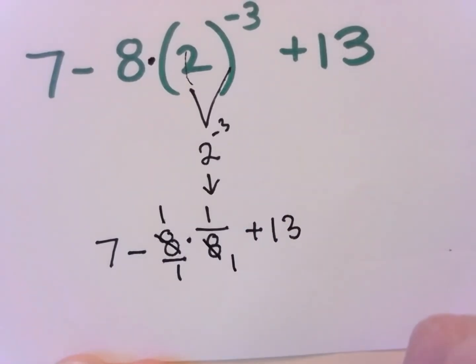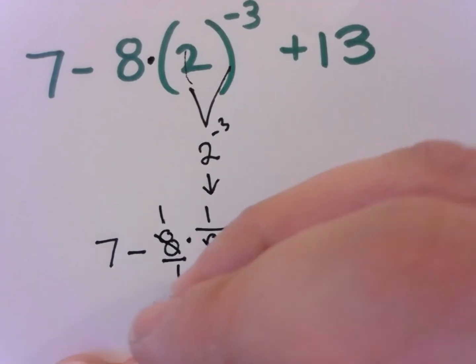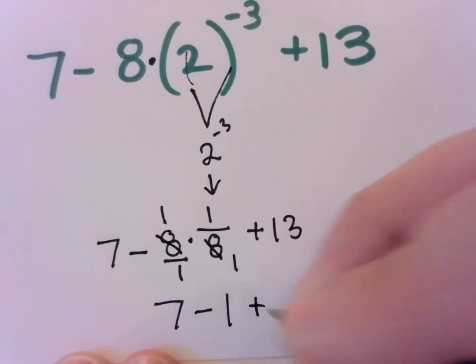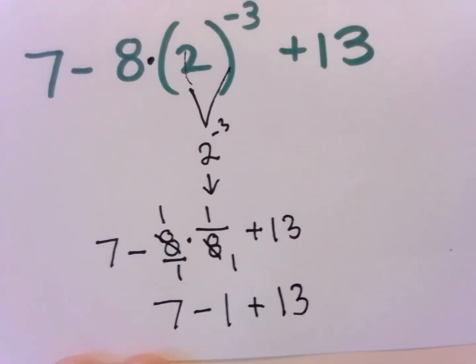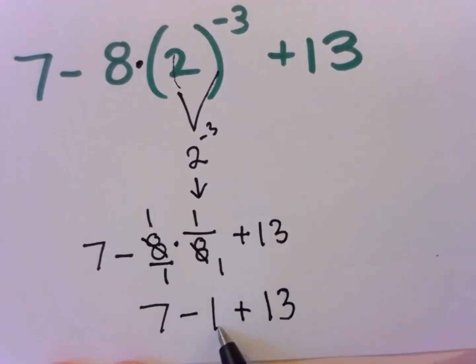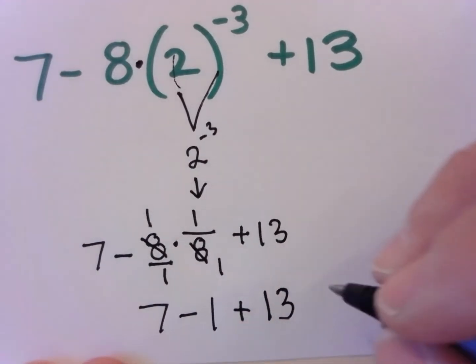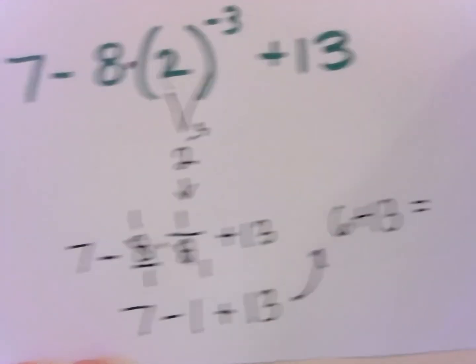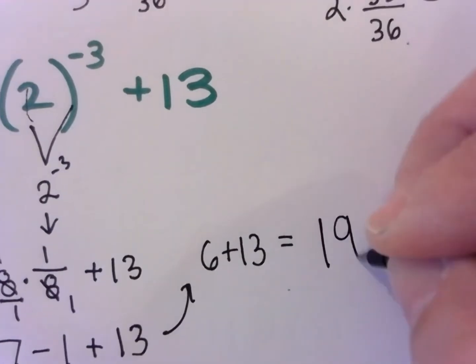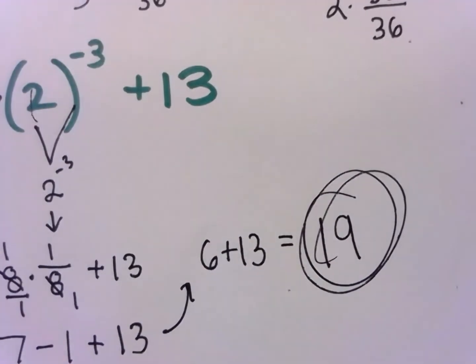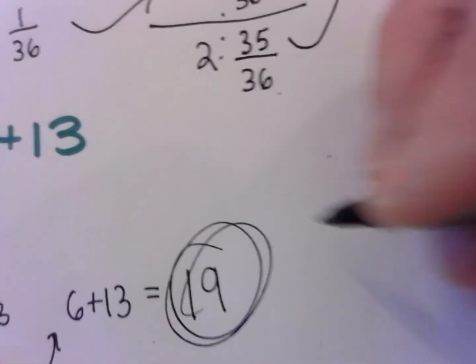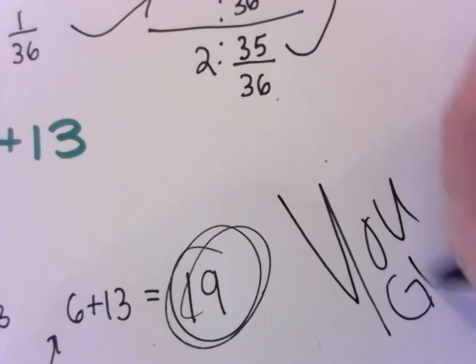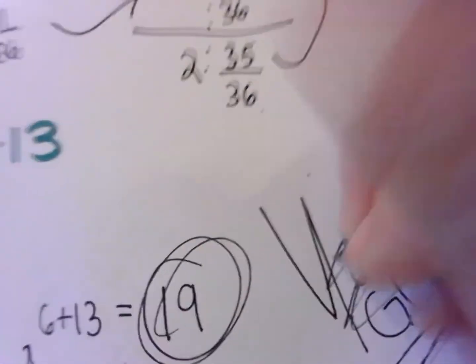So 8 times 1/8 is actually 1. So my problem is 7 minus 1 plus 13. 7 minus 1 from left to right is 6. 6 plus 13. So my final answer, 19. You guys! We did it!